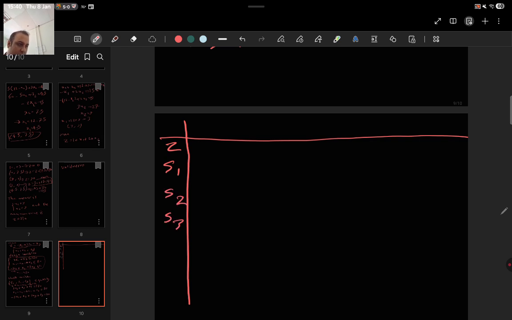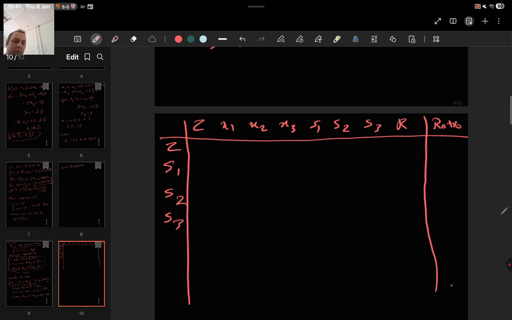Okay, so we will have z, x1, x2, x3, s1, s2, s3, the right side and the ratio.